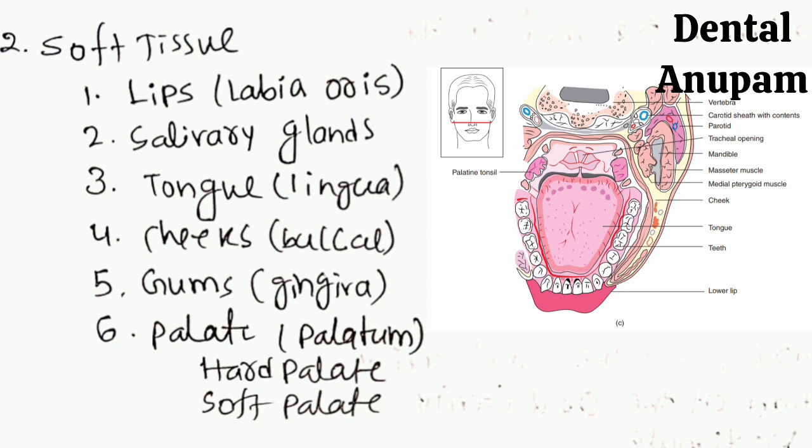Soft palate. The soft palate is a movable soft tissue suspended from the posterior border of the hard palate and forms an incomplete barrier between the mouth and the pharynx. It is composed of mucous membrane overlying muscle fiber, palatine aponeurosis, blood vessels and nerves. It also contains mucous glands within its substance.